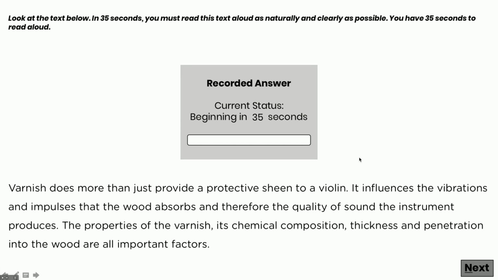So this is the first task that you will see on test day, okay? It's pretty straightforward. Basically, you'll have time to rehearse a paragraph of text, and then you'll have time to read it aloud as clearly as you possibly can. Sounds pretty straightforward, right?